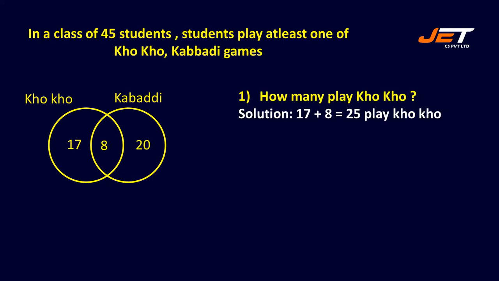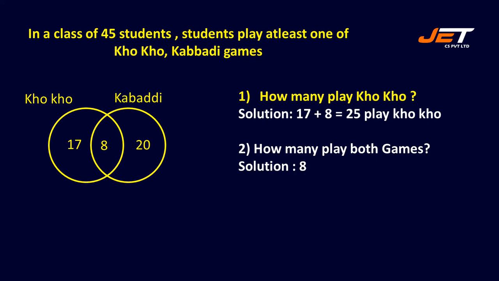So the solution for that is 17 plus 8, which is 25. 17 who play kho-kho, 8 who plays both the games. So 17 plus 8 is 25. So 25 students play kho-kho. The next question is, how many play both games? Yes, of course, it is the intersecting part 8.